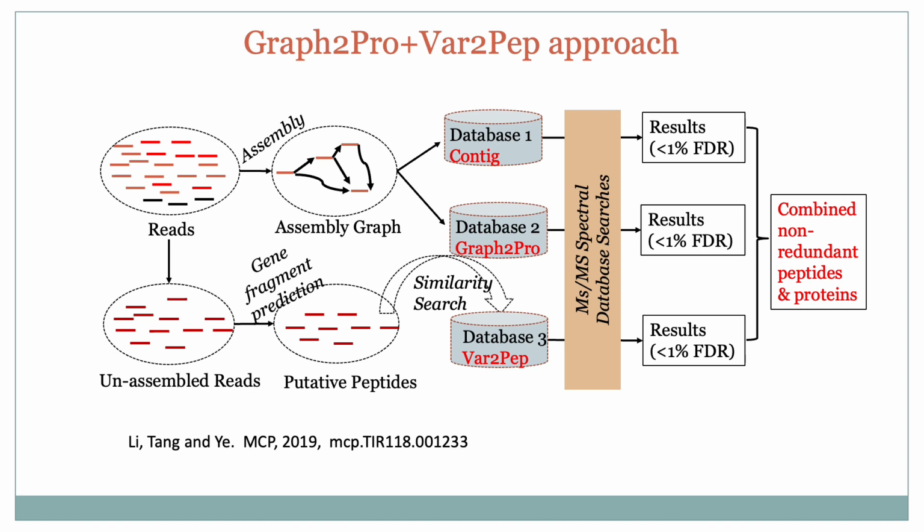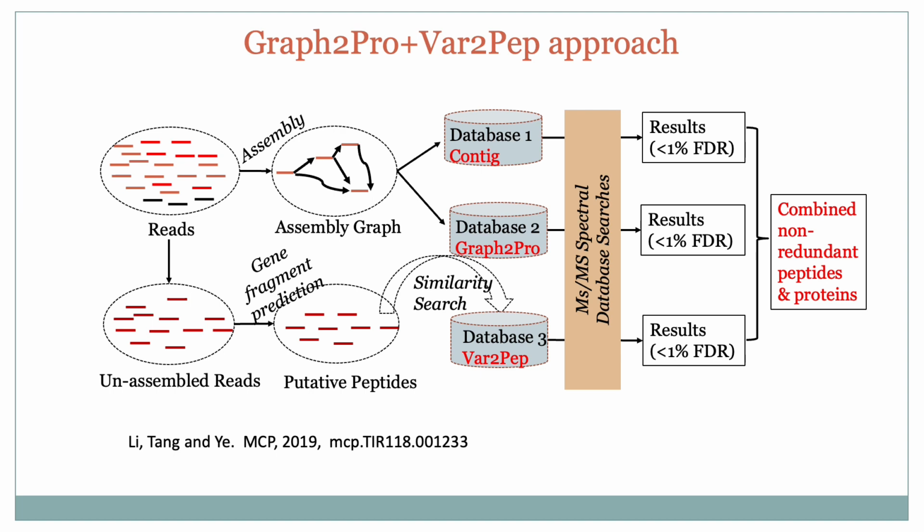Once we have the assembly graph, we can identify those peptides and proteins from the assembly graph that have matching spectra, and from there we can find genomic fragments that may contain peptides similar to those identified from Graph2Pro or just using the contigs.